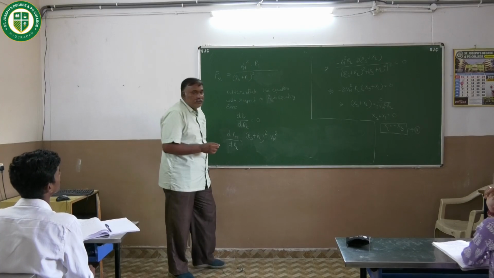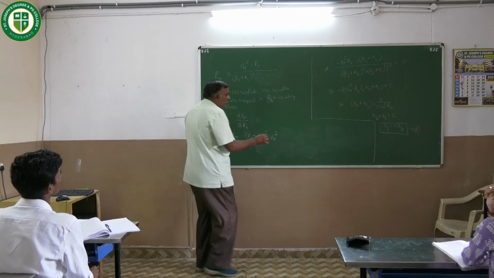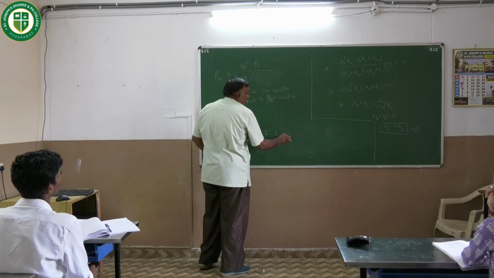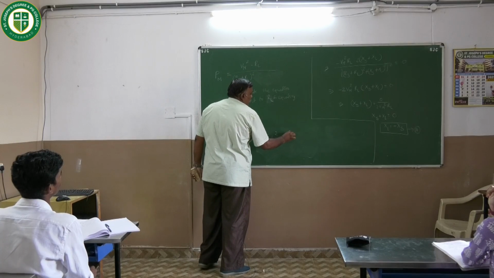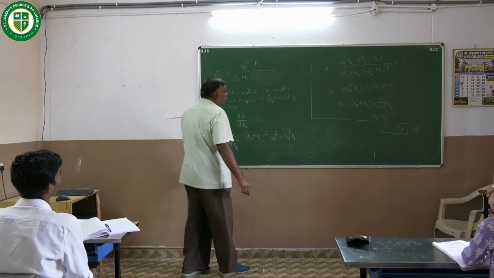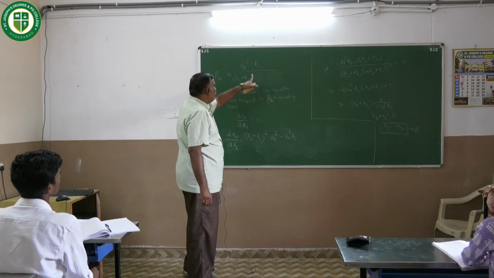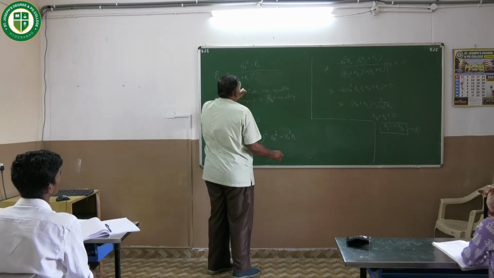Yes, class? Yes, sir. Right? So minus Vm square into RL, that is u, into v dash.